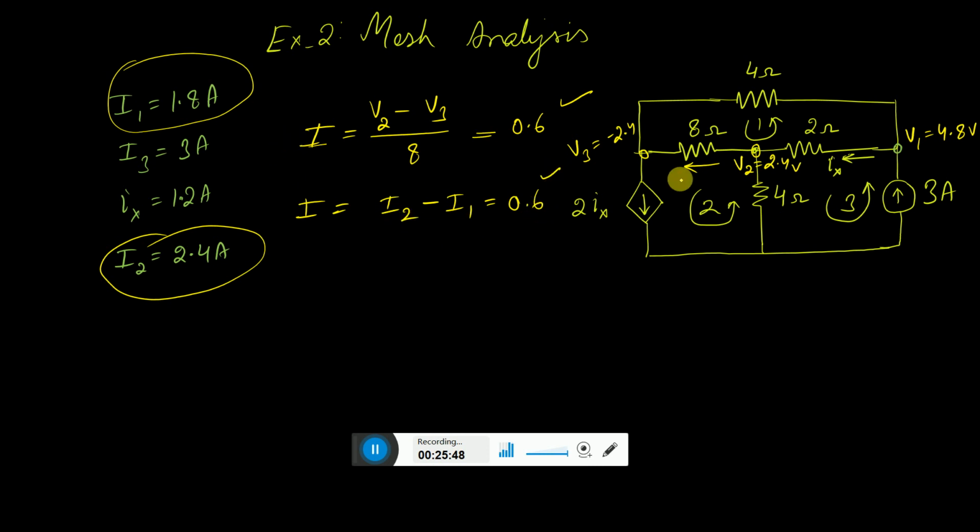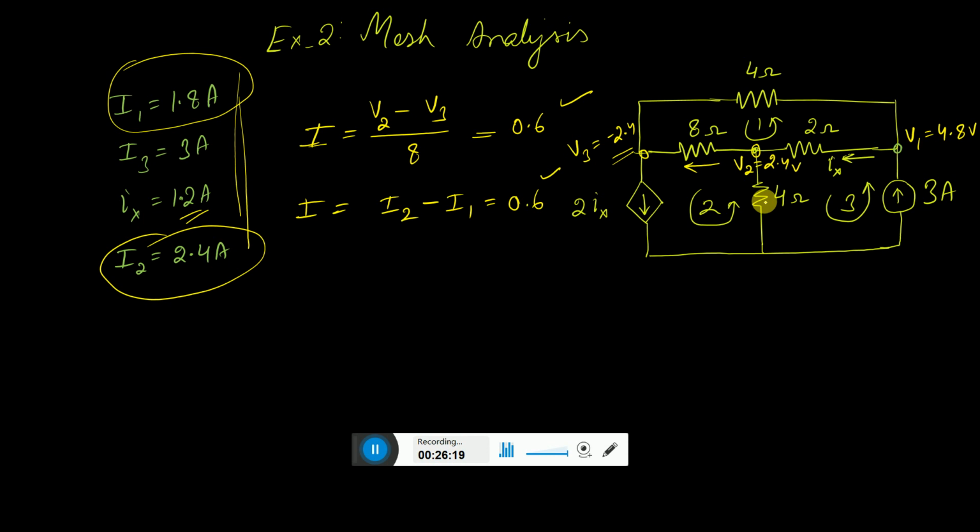So the answer from mesh analysis and the answer from node analysis match. The Ix value is also 1.2 amperes as given, and I2, 2 times Ix, is 2.4 amperes. So node analysis and mesh analysis are helpful for solving any network in an easy way.